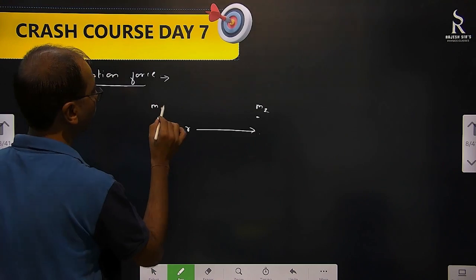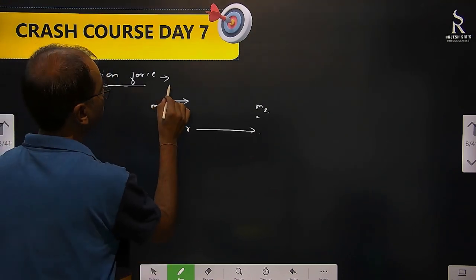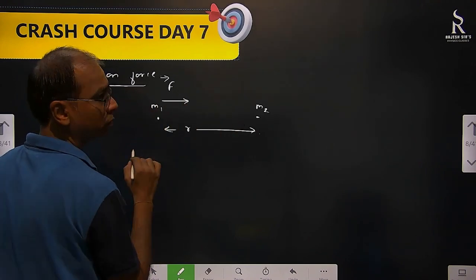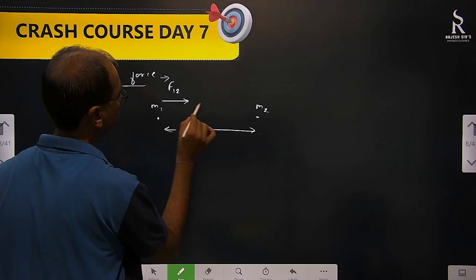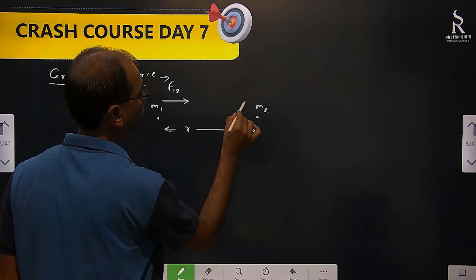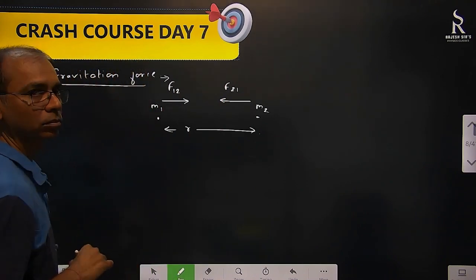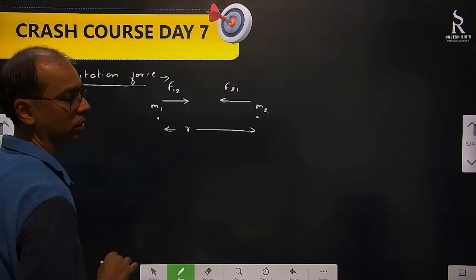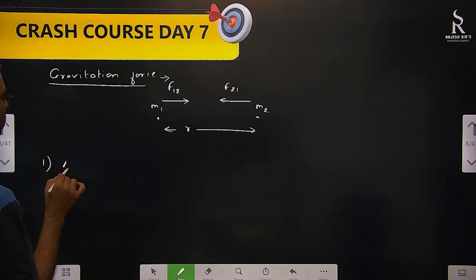Force applied on M1 by M2: force on 1 because of 2, attraction like this. Same way, force on 2 because of 1, like this. Equal and opposite. So if they are equal and opposite, I can say that this is an action reaction force.